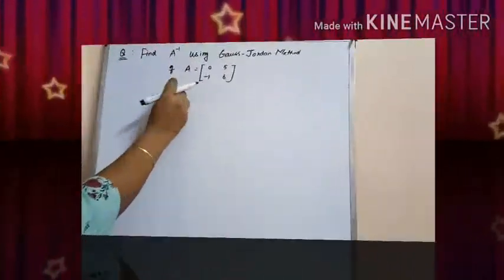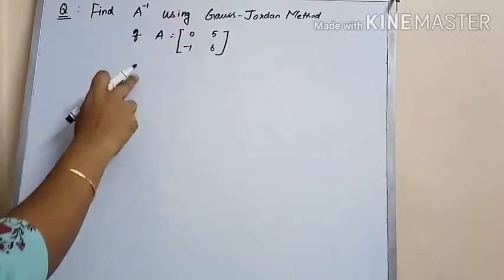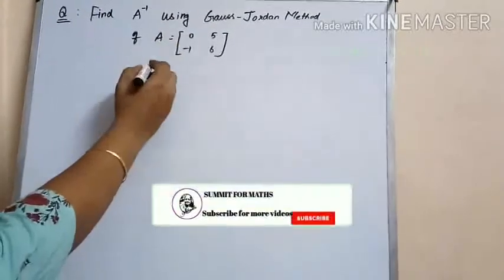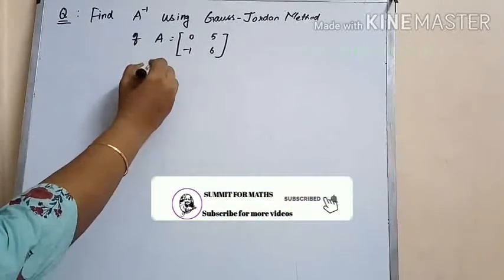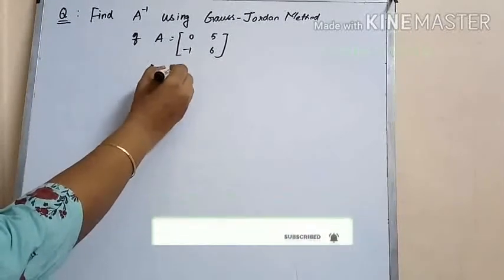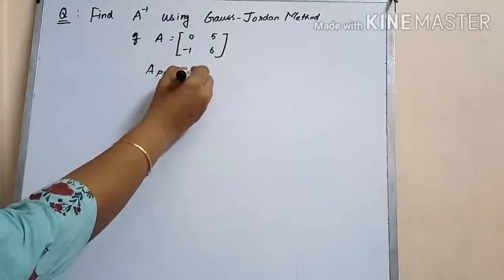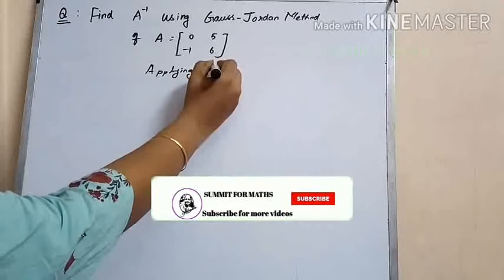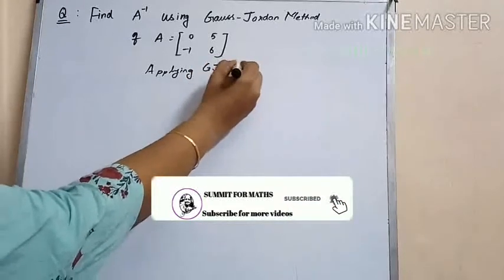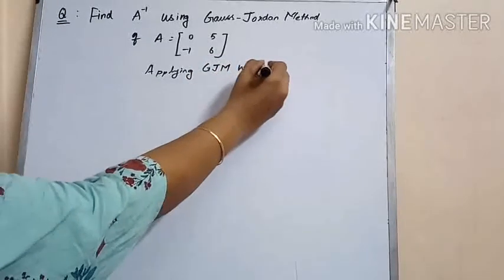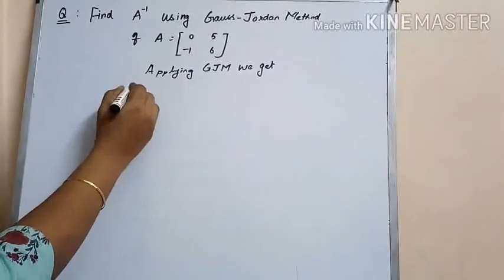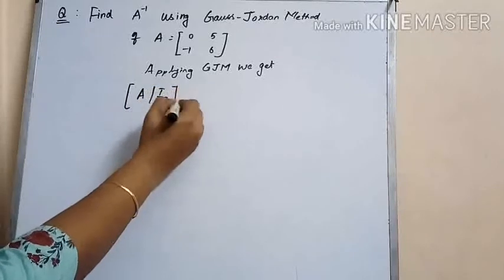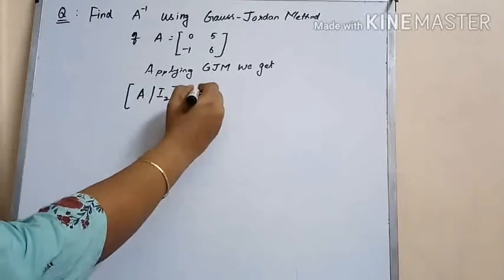So this is the question. Find A inverse using the Gauss-Jordan method, where A is equal to 0, 5, minus 1 and 6. Applying the Gauss-Jordan method, we get A | I2. The first step is augmenting the matrix with I2.